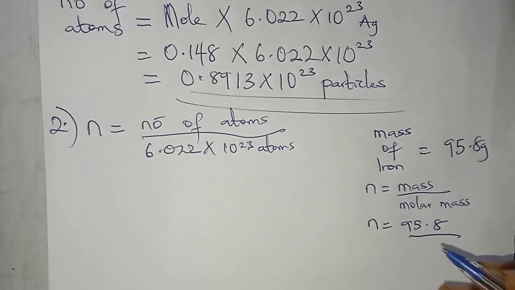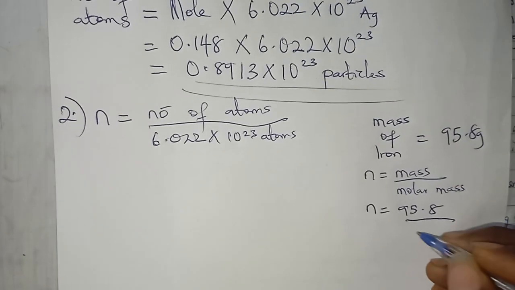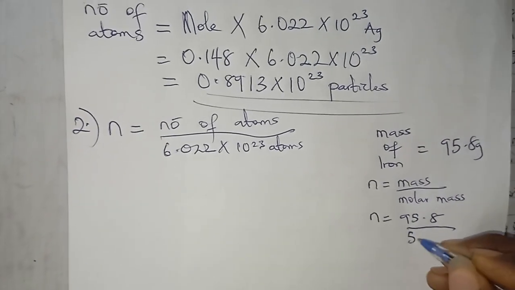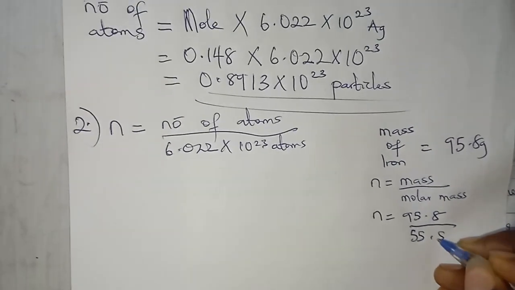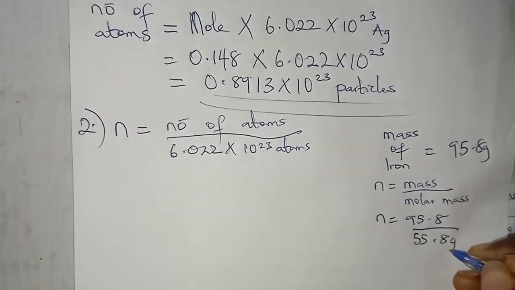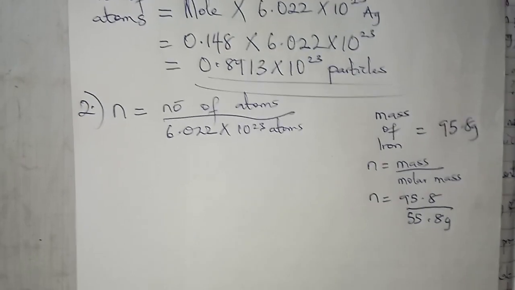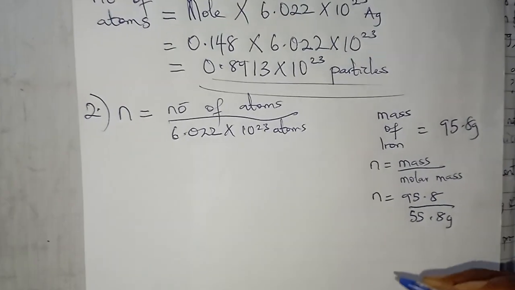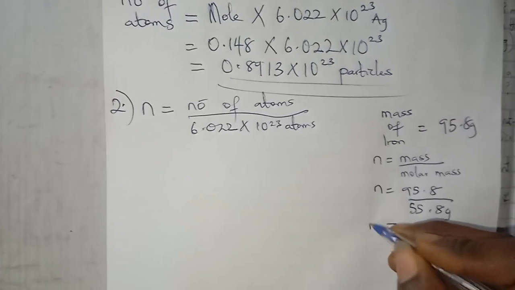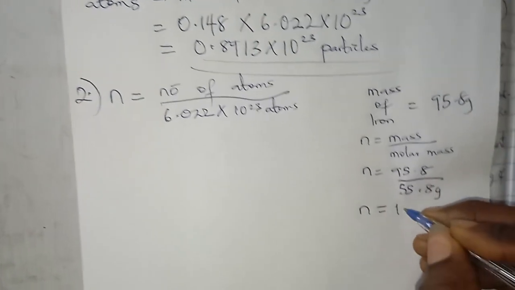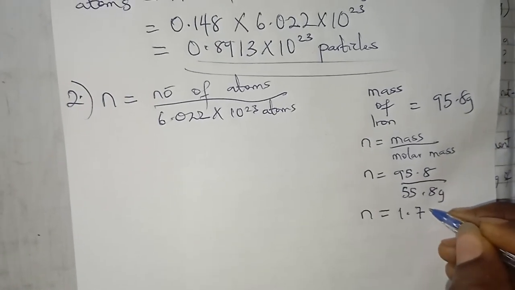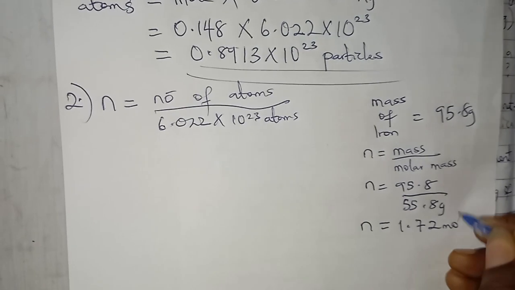the molar mass of iron, which is 55.8 grams per mole. By the time I do the division, I'll be getting that the mole is equal to 1.72 mole.